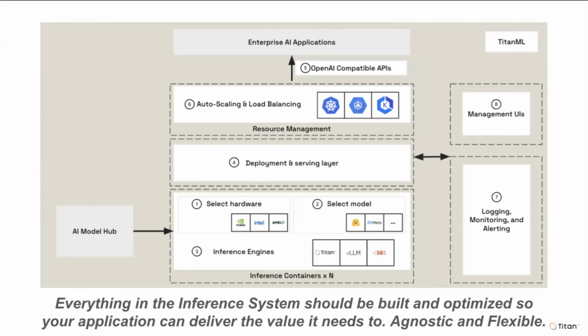So you want an inference stack that's agnostic and flexible and allows product people to tune various parameters: I care about latency, I care about cost, or I care about throughput. And what this means is we can have one single inference stack that serves all of our workloads, but have it be flexible for the needs of the moment.